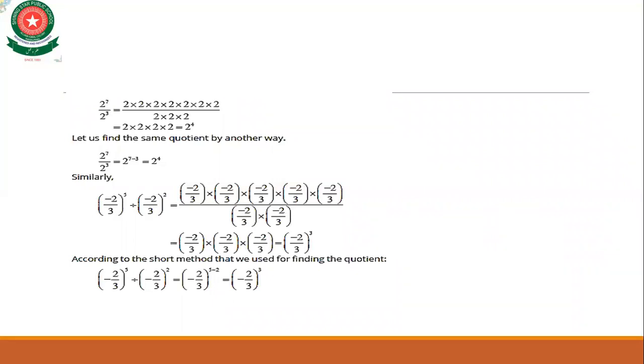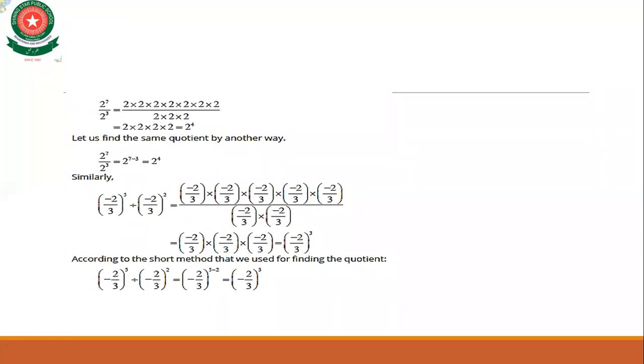According to the formula, we know that if the bases are same, then we will just subtract the exponents. The formula is A power m minus n. So here m is 7 and n is 3. So by putting values in the equation, we can see that 2 power 7 minus 3 is equal to 2 power 4.